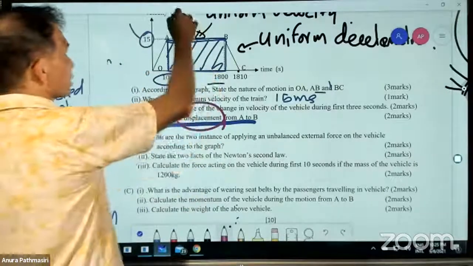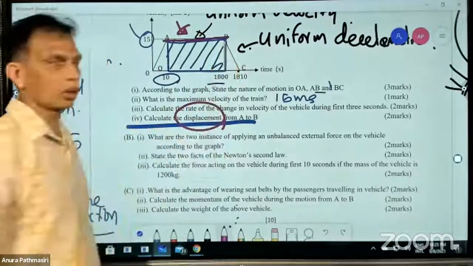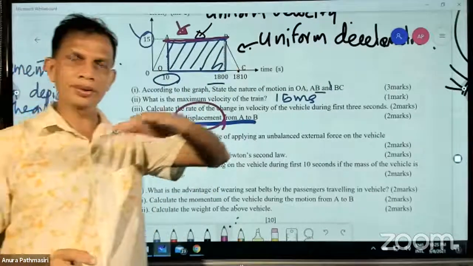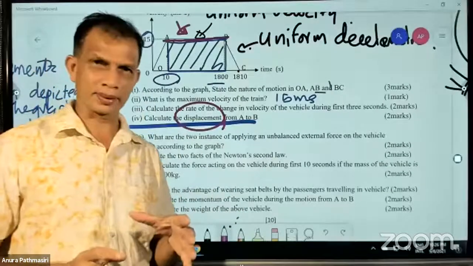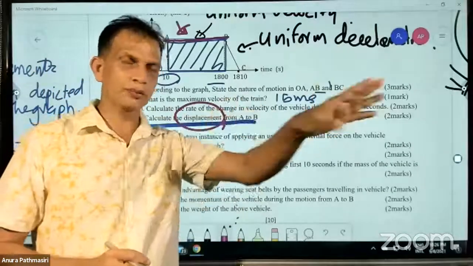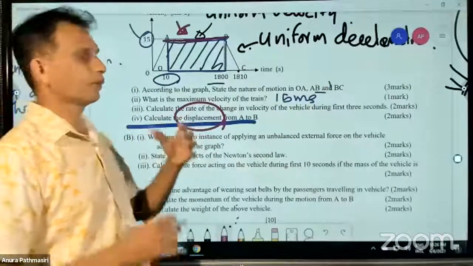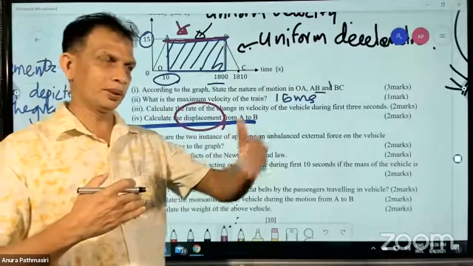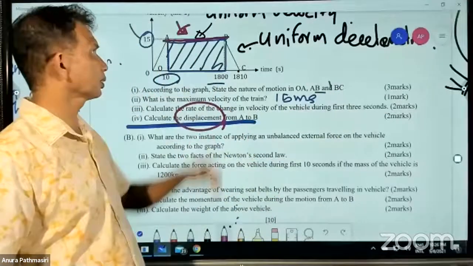According to Newton's first law of motion, when an object travels with a constant velocity, the forces are balanced. That means the forward force is equal to the backward force. So it keeps moving with the constant velocity on this occasion.